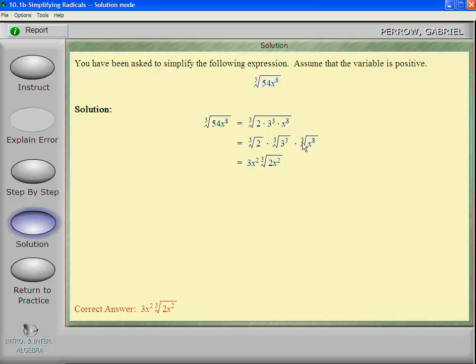So however many times it goes in, it's telling you what's going to be outside here, x squared. There's a remainder of 2, that's how much is going to remain underneath. So that breaks things down fairly nicely, but it's really that you have a couple of x squareds and then what's underneath. Alright, hopefully that helps a little bit, and we'll go from there.